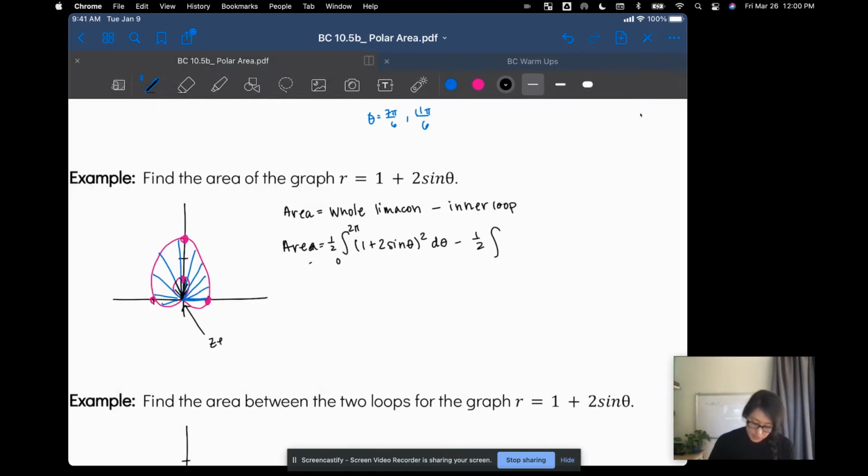I have zeros at theta equal to 7 pi over 6 to 11 pi over 6. So I'm going to start at 7 pi over 6 and end at 11 pi over 6 to take away that double counted area.